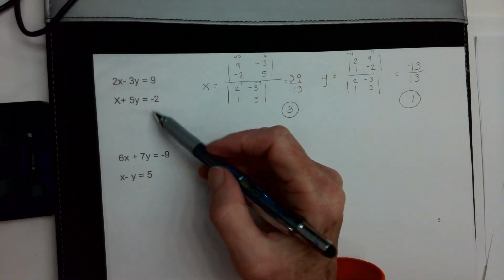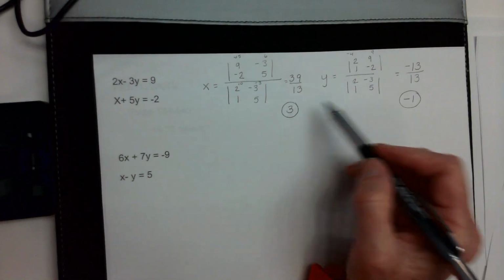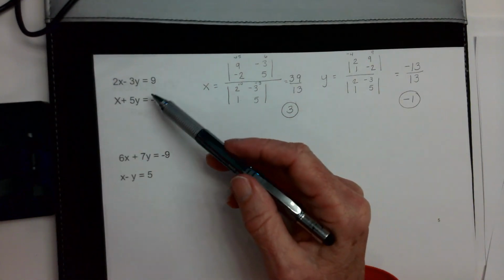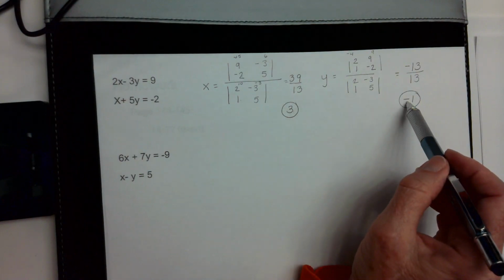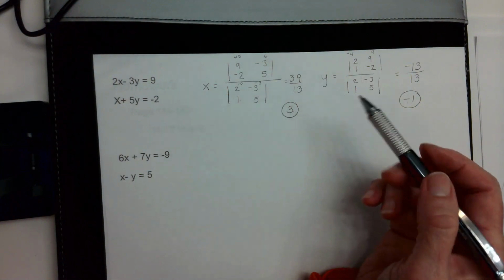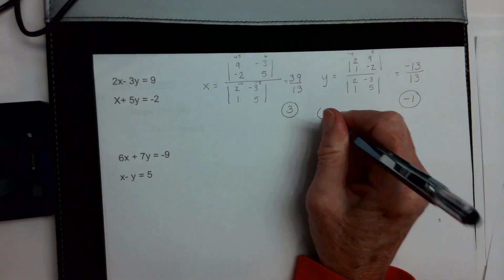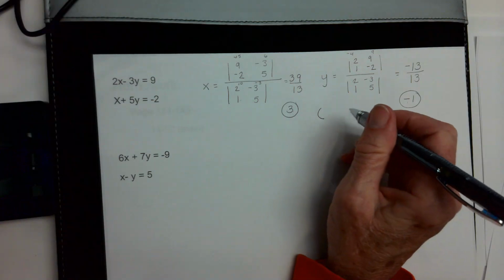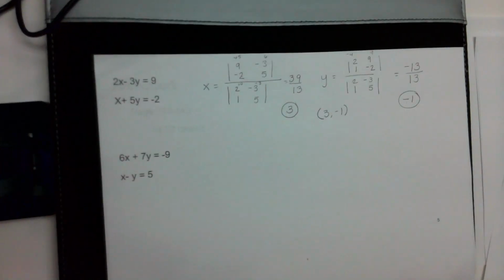So those two, if I had graphed them, they would have crossed at 3, negative 1. If I had used substitution, I would have figured out that x is 3, y is negative 1. If I had done elimination, I would have figured out that x is 3 and y is negative 1. So the solution to that system of equations is 3, negative 1.